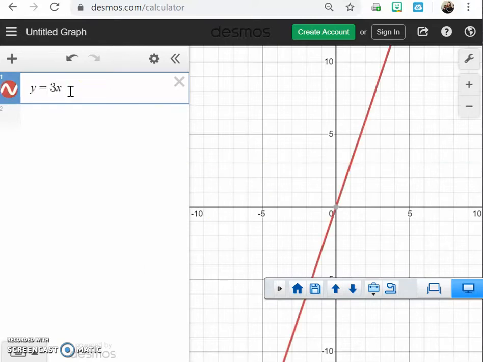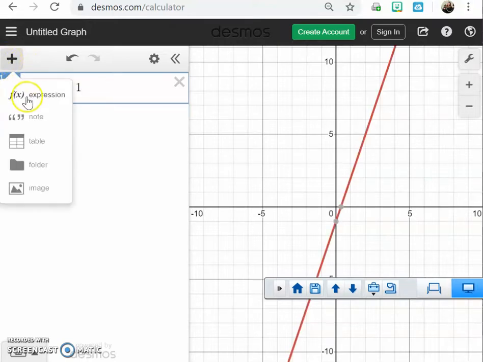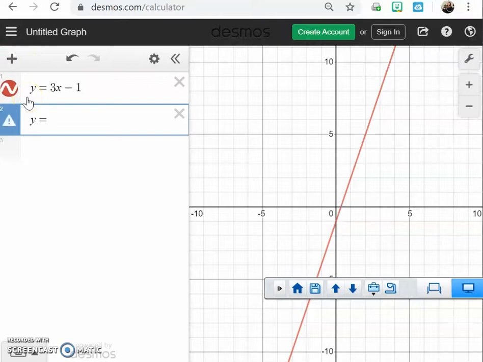So we said y equals 3x minus 1. And our other equation is y equals 4x minus 4. And we can see that they cross at this point right here, which is 3, 8.